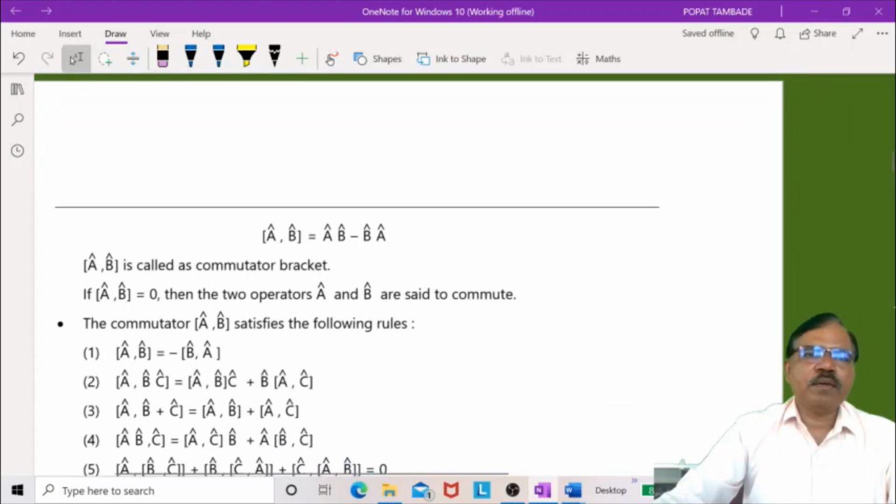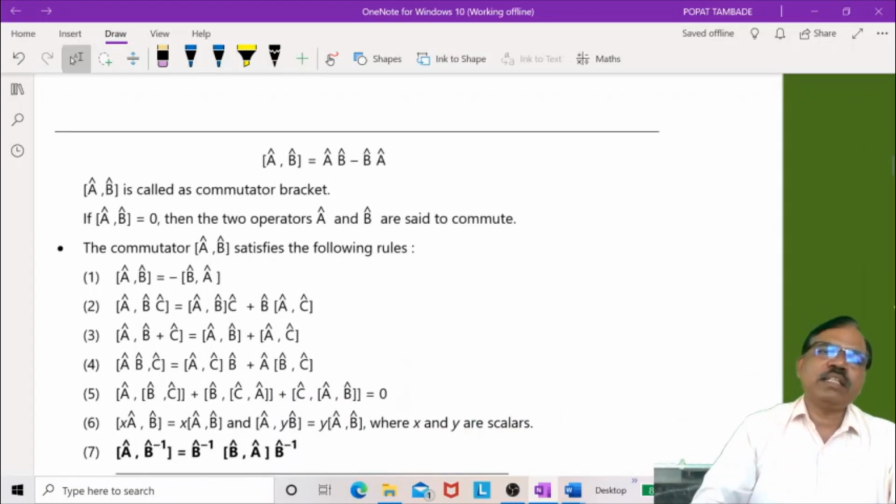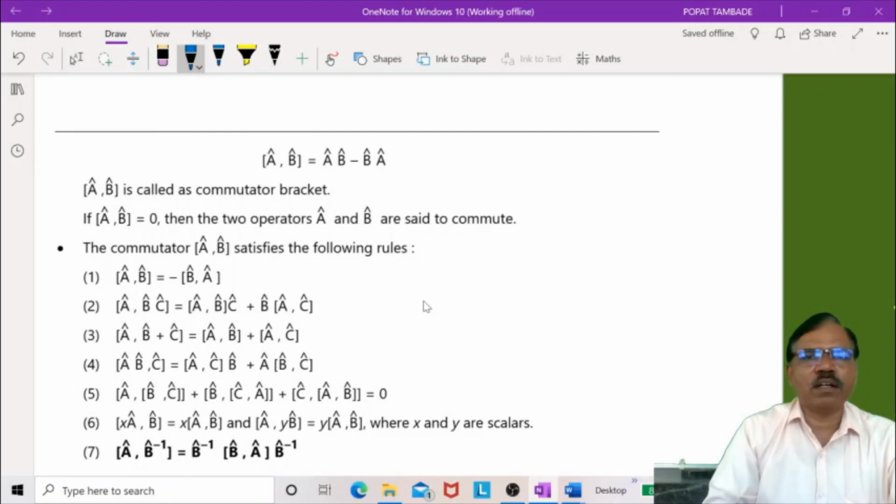If the commutator [A, B] is equal to 0, then operators A and B are said to commute with each other. Now the commutator bracket [A, B] satisfies the following rules.